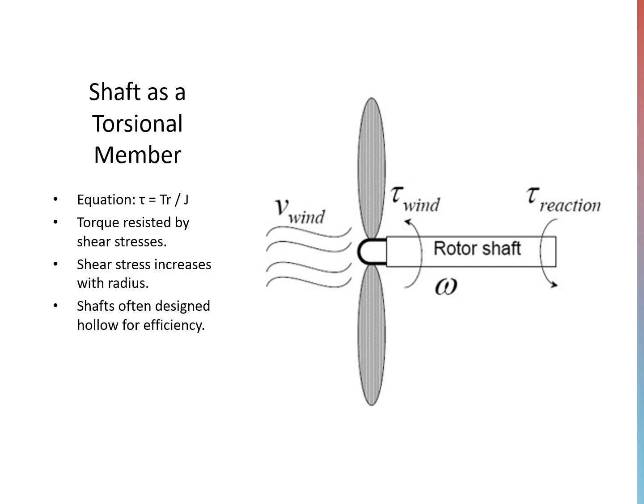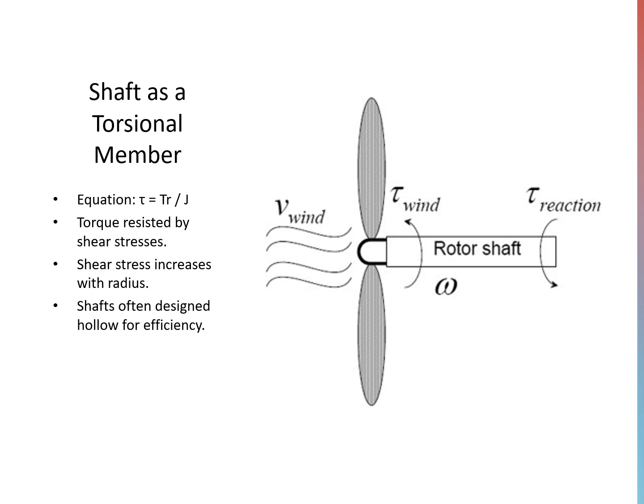Therefore, the further out you are from the center axis of rotation, the higher stress occurs. That means if a force is applied on the furthest outside surface, it affects the torque and the shear stress more than if that exact force were applied closer to the center axis of rotation.